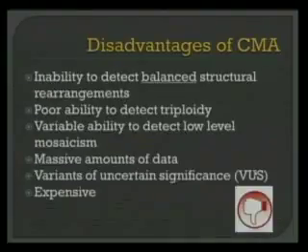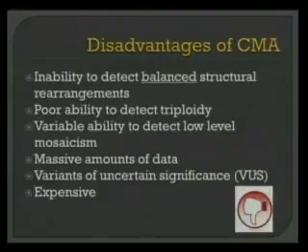As far as the disadvantages, remember that because it's looking at copy number variants, it's not able to detect anything considered a balanced rearrangement. It has to be something unbalanced that it can detect. It also has a very poor ability to detect triploidy, because even in that setting the gene content is relatively balanced.